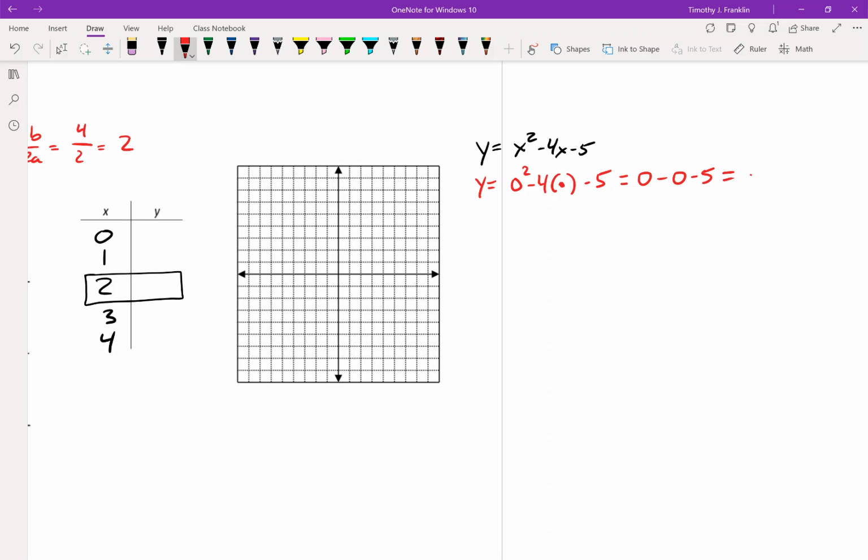So we have 0 minus 5, which is negative 5. Let's put in 1. 1 squared minus 4 times 1 minus 5. 1 squared is 1. 4 times 1 is 4. So 1 minus 4 is negative 3 minus 5 is negative 8. Let's put in 2.